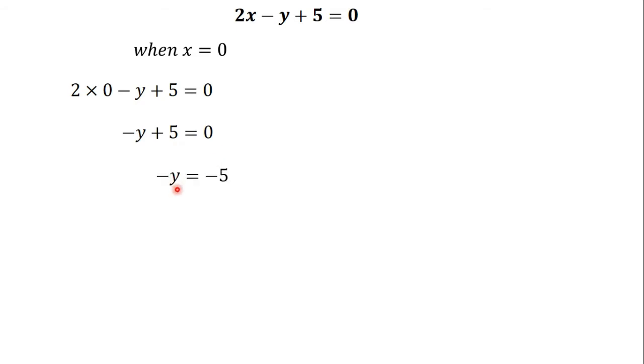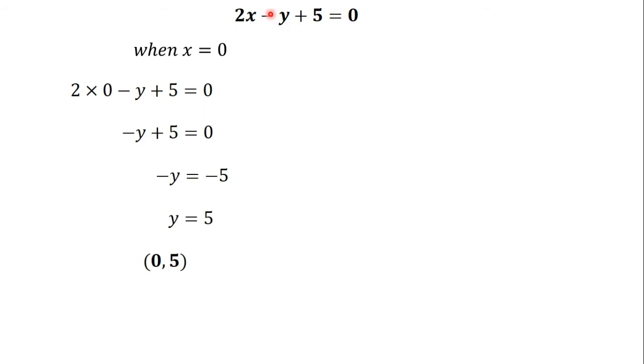And this will give us minus y is equal to minus 5. Now if minus y is equal to minus 5, then we can say that y is equal to 5. So for the first point, I have x is equal to 0 and y is equal to 5. So the coordinates of this point is 0, 5.